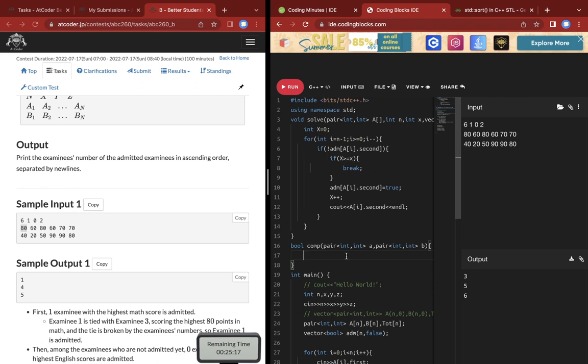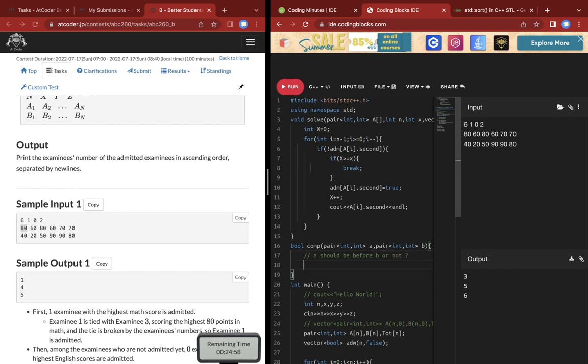So a should be before b or not. This is the question, right?